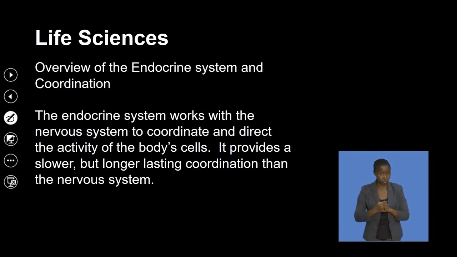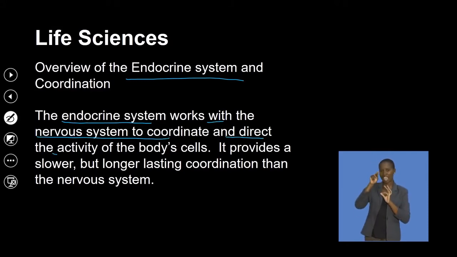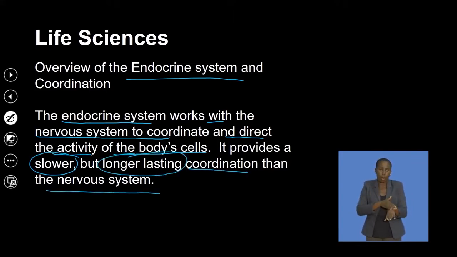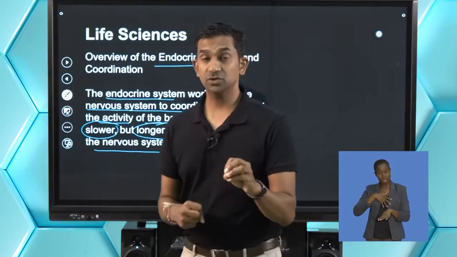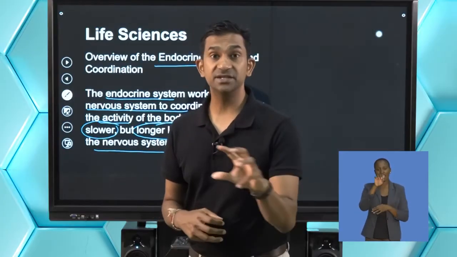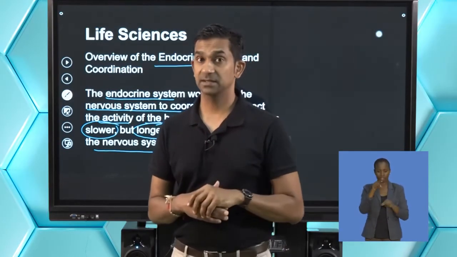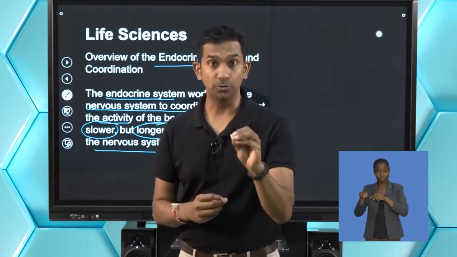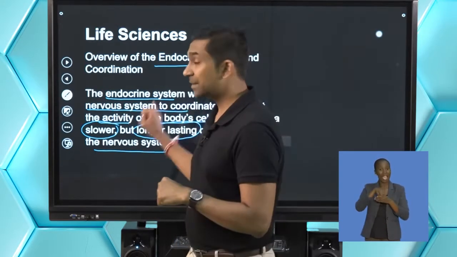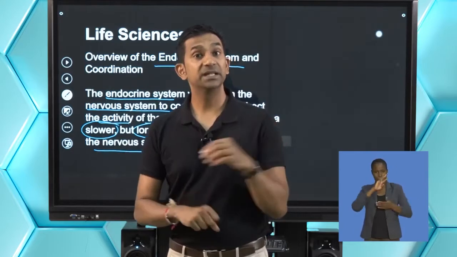So if we compare that to the endocrine system, let's look at the endocrine system. The endocrine system works with the nervous system to coordinate and direct the activity of the body's cells. It provides a slower but longer lasting coordination than the nervous system. As I mentioned earlier, the endocrine system is made up of various endocrine glands, and these glands produce hormones. Hormones are your chemical messengers that travel in the bloodstream.